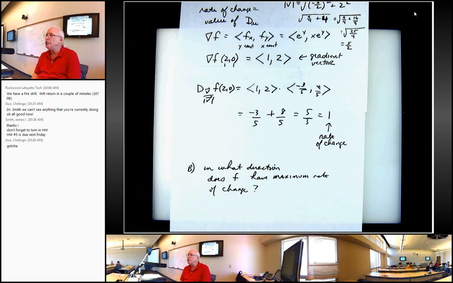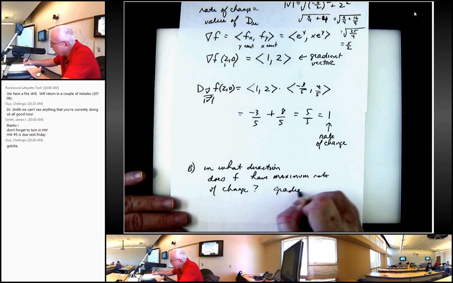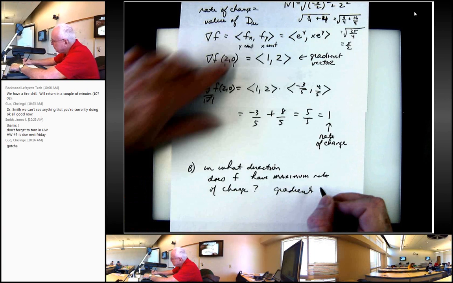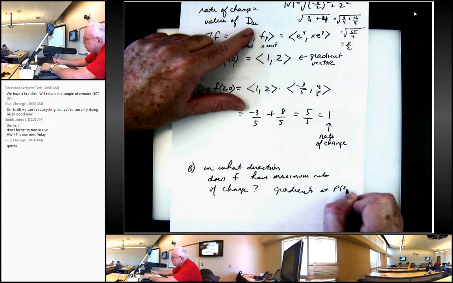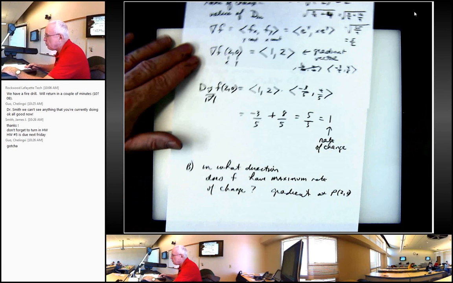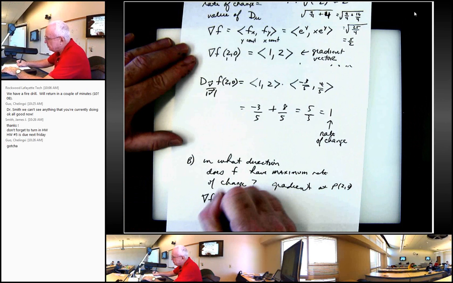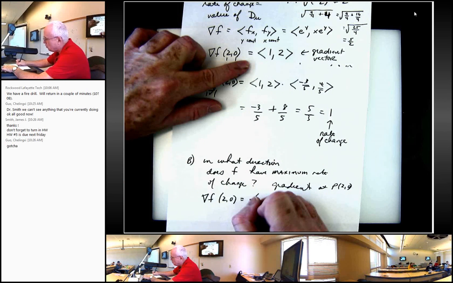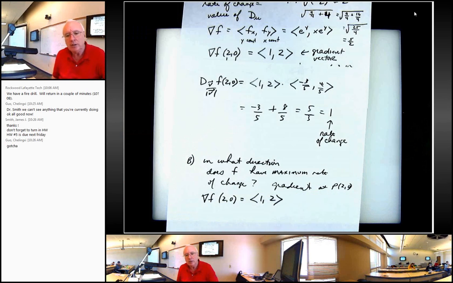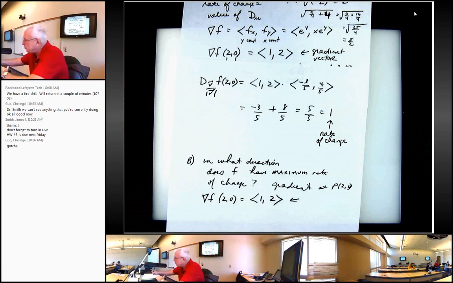Starts with the letter G. Along the gradient, right. So it's going to be the gradient at the point 2 comma 0. In the first part of the problem, we did all the hard work. We found the gradient, del f at 2 comma 0 is equal to 1 comma 2. So that's our answer, the direction of the maximum change.